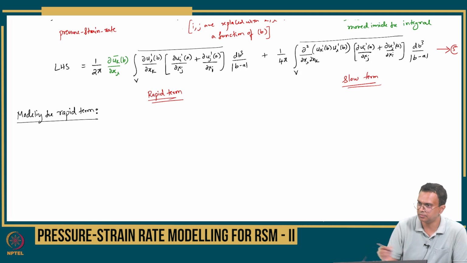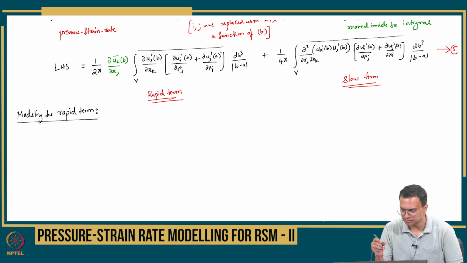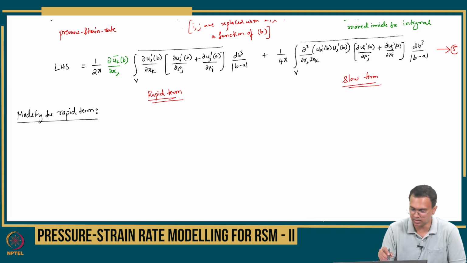So term by term we will model this. Let's consider only one component. This is actually 2 here, right? This is multiplied plus, so a sum of 2 different terms. So let's consider one term and see what will happen to it.